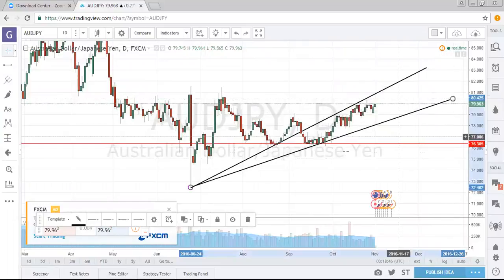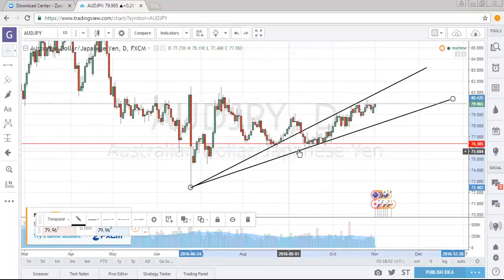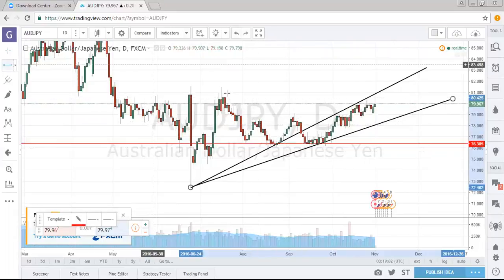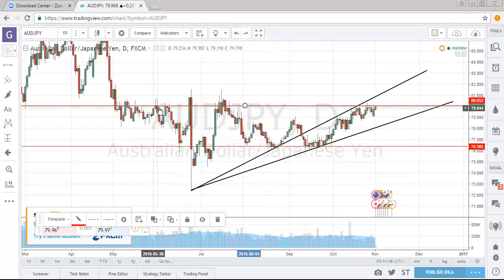Okay? Respect support, the support line, and is respecting this TL, this trend line. Okay? So it consolidated, shot up again to retest this resistance level. 1, 2, 3, 4, 5, 6.